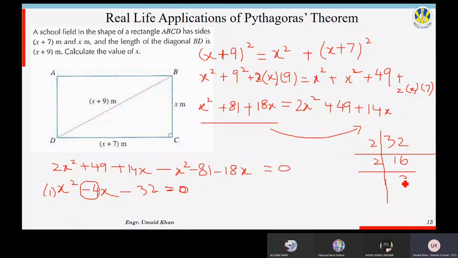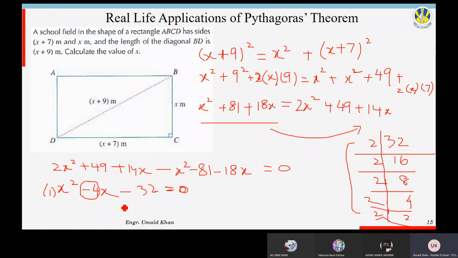Then 2 8s are 16. Then 2 4s are 8. And 2 2s are 4. Then again I get a 2. So how many 2s are there? There are 5 2s. Now I have to somehow get two factors from this prime factorization such that when I add or subtract them, I get minus 4.